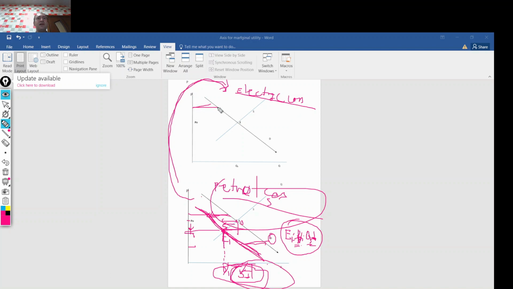For every original price point that you can think of, you have more demand at the same price. For every price point now, the old demand was like that, and the new demand will be higher.